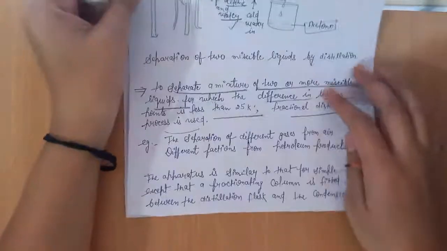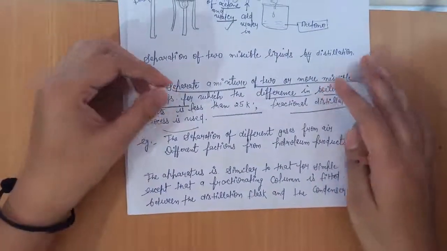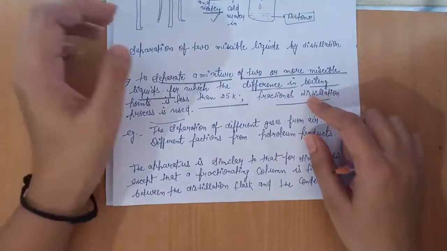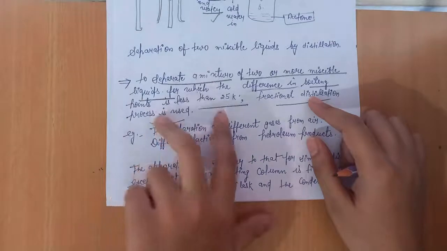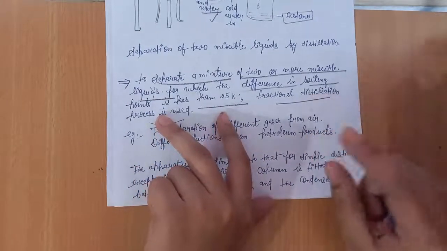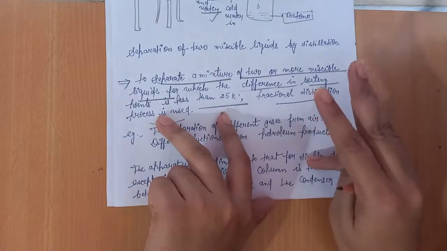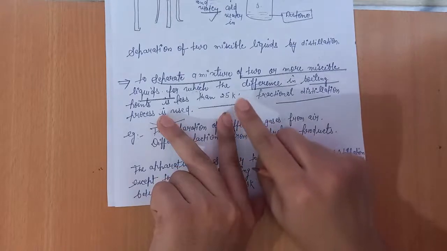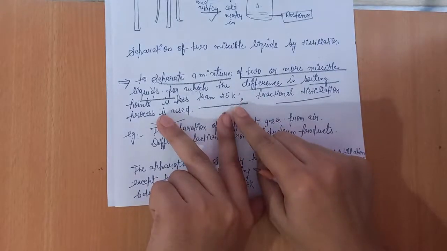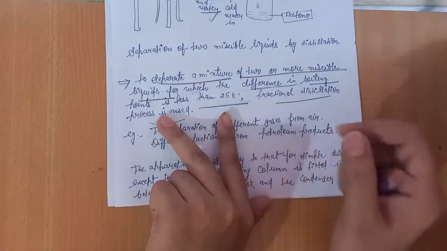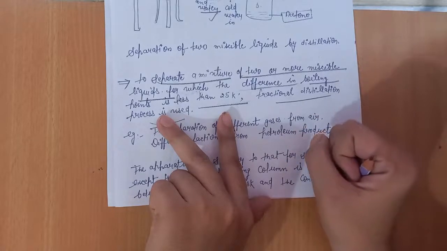Simple distillation cannot be applied to separate the components of this mixture, because if we apply simple distillation when the difference in boiling points is less than 25 Kelvin, the vapors of two or three substances can be mixed with each other, since they do not have a sufficient difference in their boiling points, and by heating the mixture the vapors of the substances may get mixed with each other.